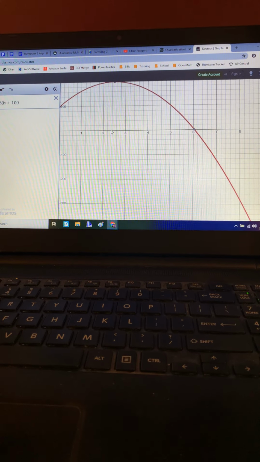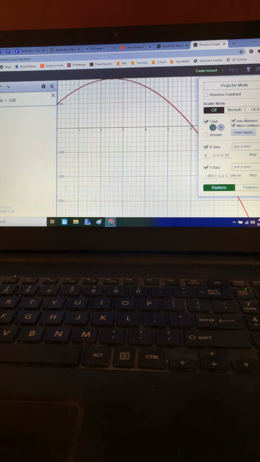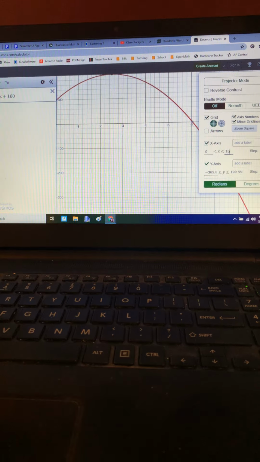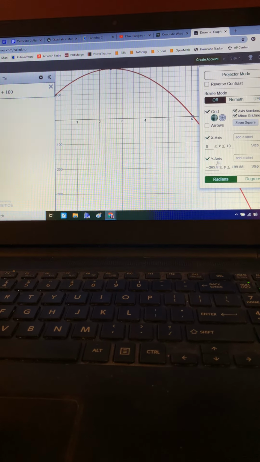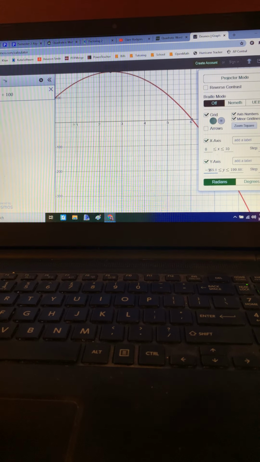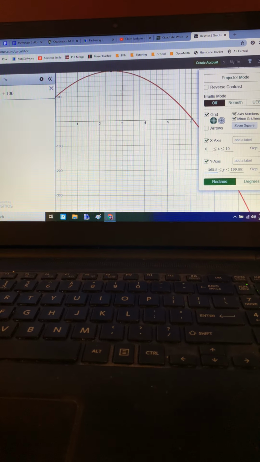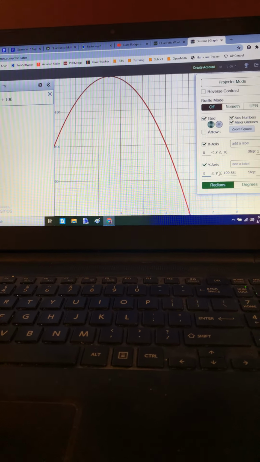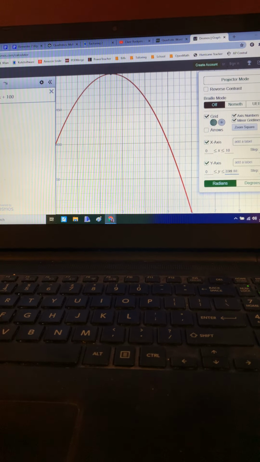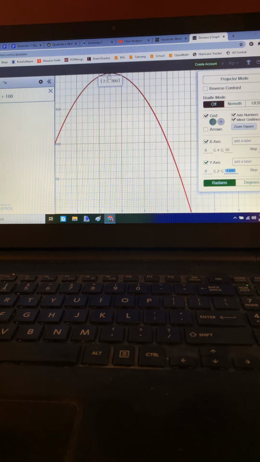All right, and then, oops, I just messed it up. Every time I scroll, it messes it up. Okay, step, I think by ones is nice. Okay. So that just means we're just going to count by one there. Okay, now we need to go from 0 to, I mean, that's what, 200?